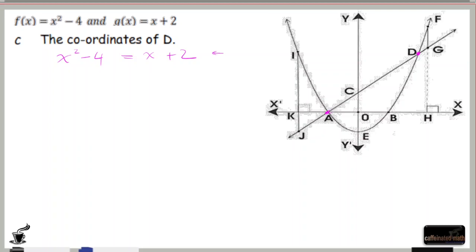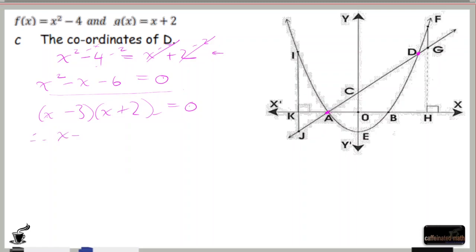From here, we just need to set this in standard form. So we'll subtract x from both sides, so we'll have minus x, and then we subtract 2 from both sides as well. So that zeroes out, that zeroes out. This becomes minus 6, and that's all equal to 0. Now that we have standard form, we can just factorize, and that becomes x minus 3, x plus 2, and that's all equal to 0.